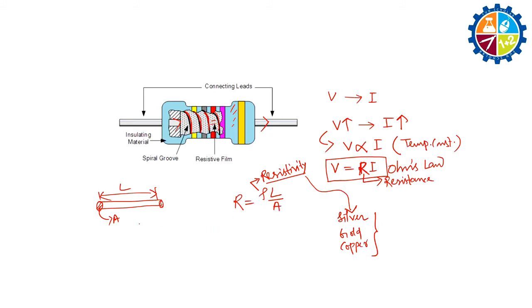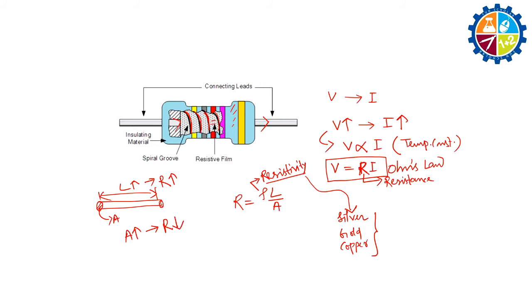If the length is increased, the resistance value will also increase. But if the area of cross section is increased, the resistance value will decrease. We can see that from this equation.